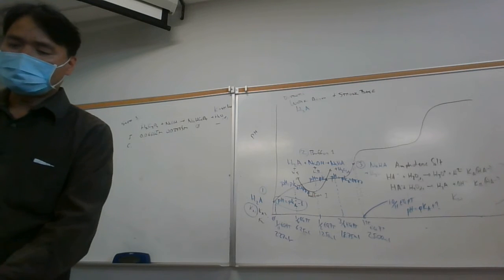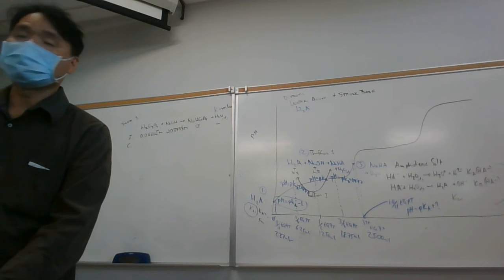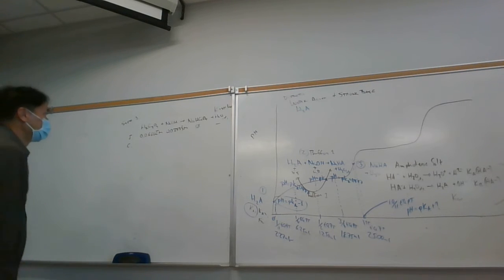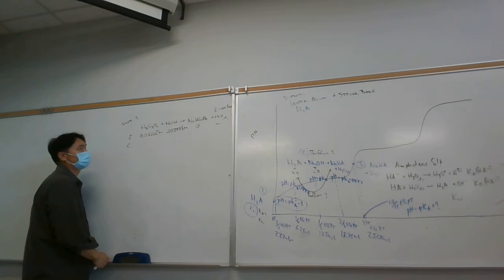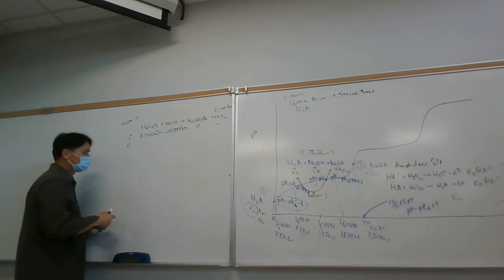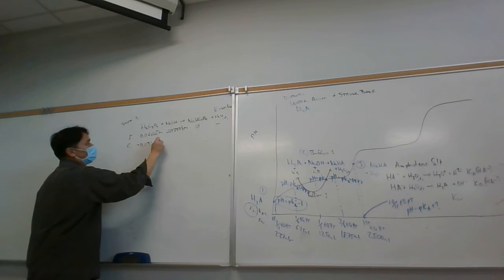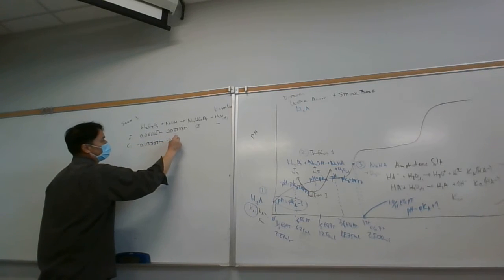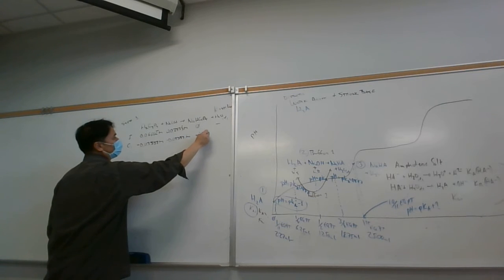Strong always reacts to completion, but it depends on the limiting reagent, because sometimes they can't react to completion if they have a limiting reagent. In this case, what's the limiting reagent? The NaOH. And so we're going to lose all of it. So this is going to be minus 0.03333, minus 0.03333, and plus 0.03333.